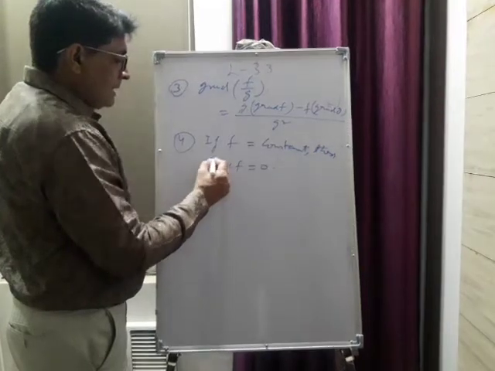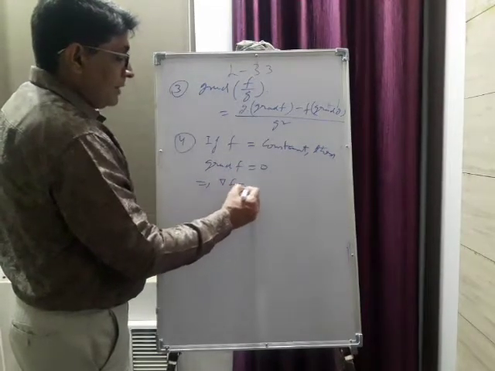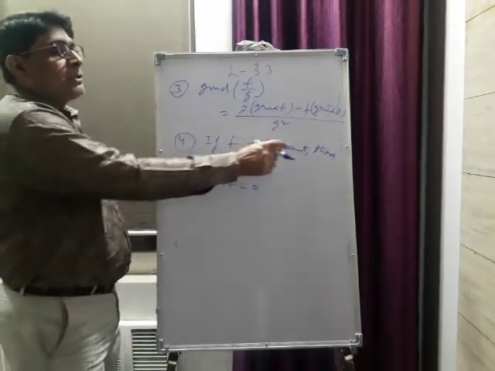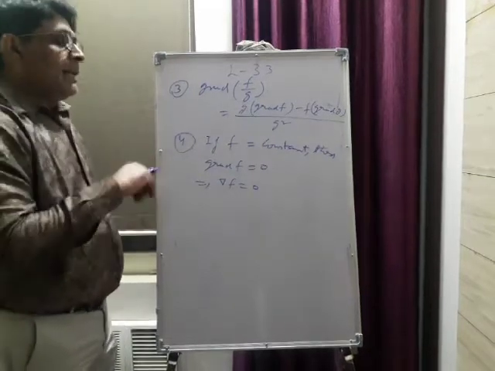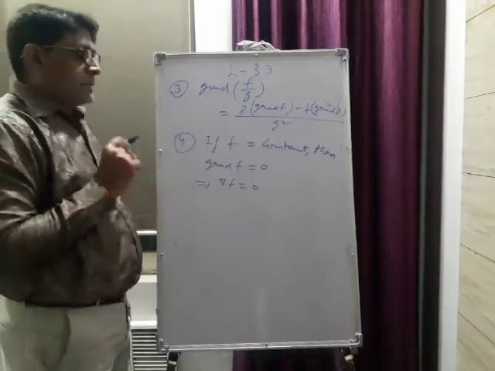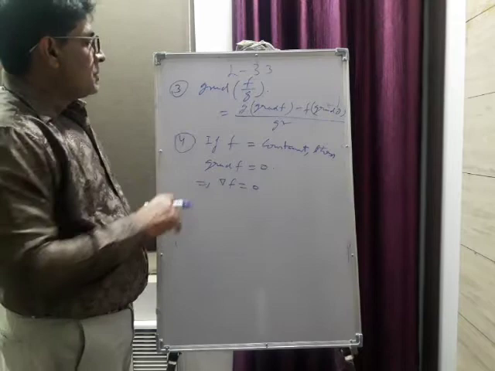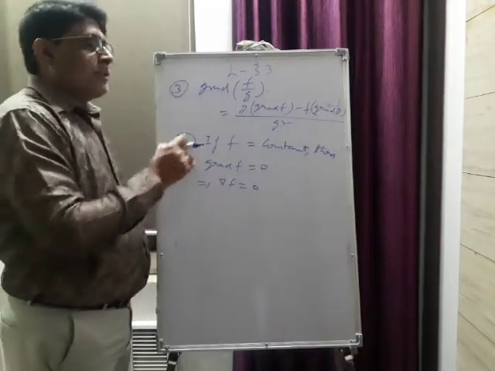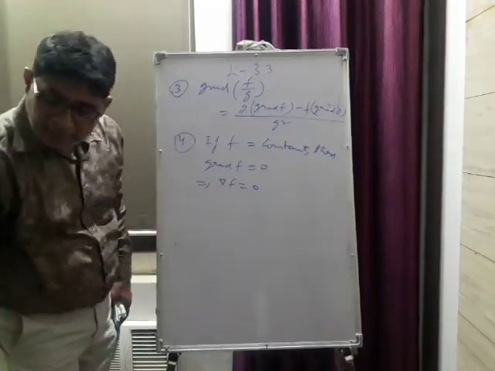This implies gradient means del f equal to 0. If f is a constant, then the gradient of a constant function becomes 0. So these are the four properties of the gradient.